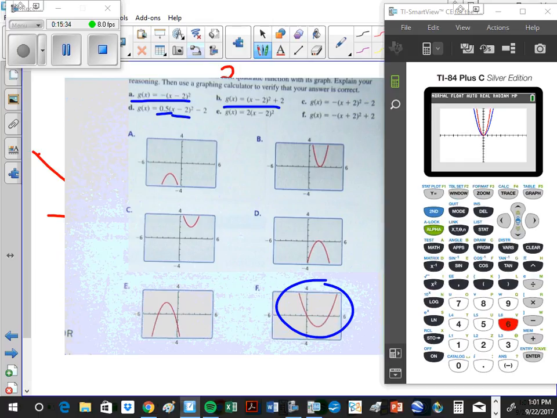Right 2 and twice as tall. Yep, right 2 twice as tall. Okay? And then F, left 2, upside down, and up 2. So left 2, upside down, and up 2 would be letter E. Okay?